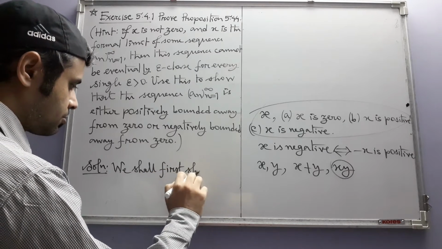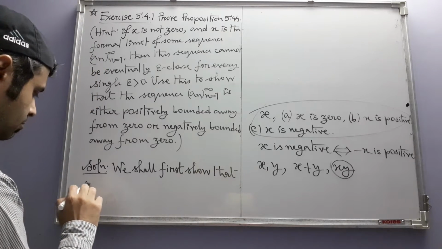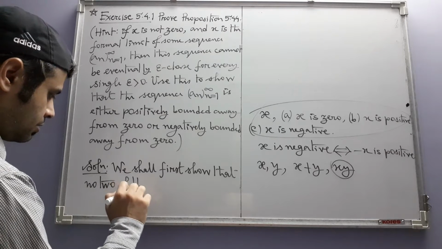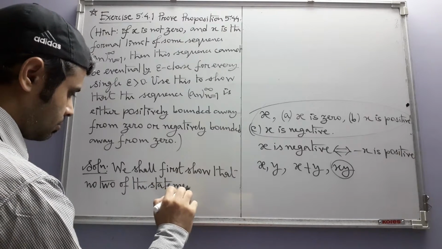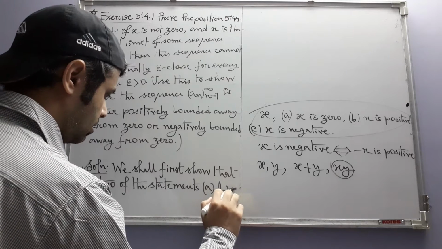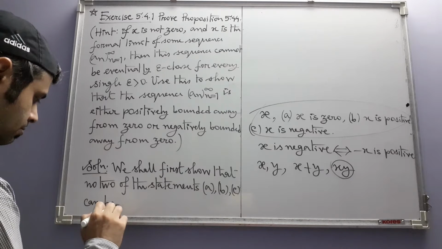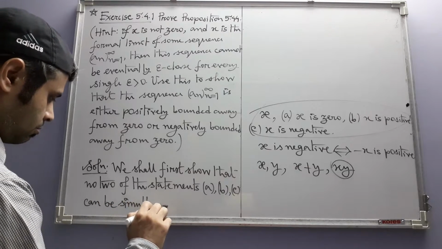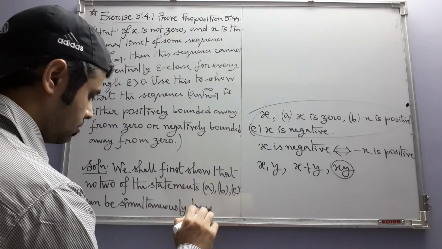We shall first show that no two of the statements A, B and C can be simultaneously true.